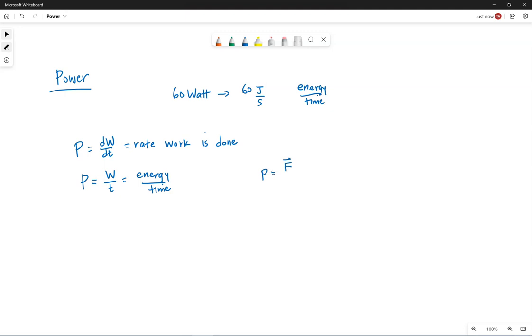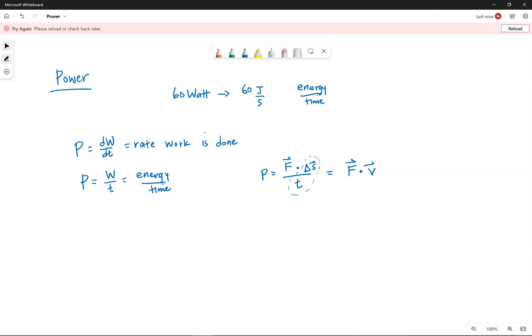Now, work, remember, if the force is constant, work can be written as force dotted with displacement. Well, displacement over time would be an average velocity.